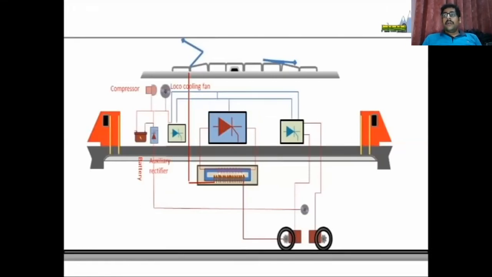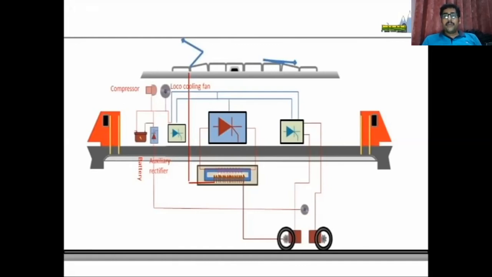Also, when the vehicle starts rotating, it will also create certain losses. Now, since these motors as well as these transformers are located inside the locomotive, we have to remove the heat generated inside the vehicle to a very great extent. Otherwise, what will happen? Due to high heat, the efficiency will decrease, which is not acceptable to us.